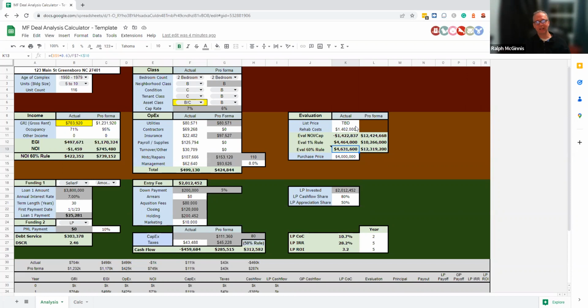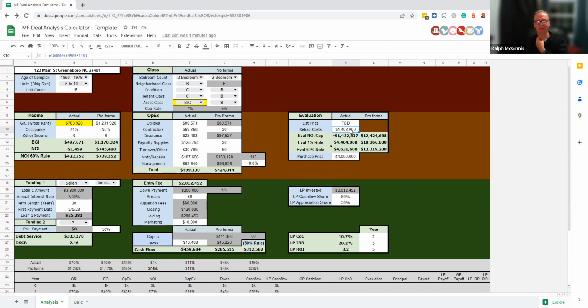If it does require some rehab, but the rehab does not make it unlivable. The challenge here is that when you're flipping the rents over, you basically have to turn over all of the tenants to tenants that are not government subsidized. That means you're going to have a lot of time where it's empty while you're doing that process.